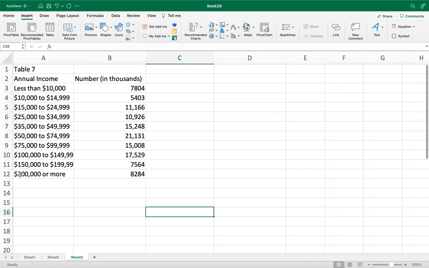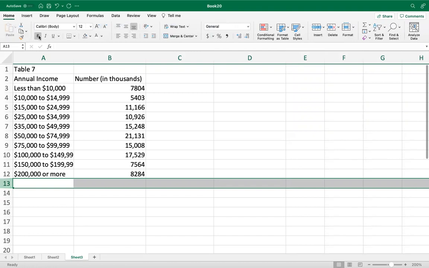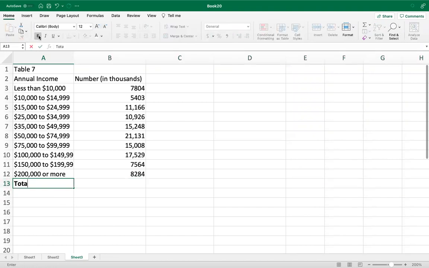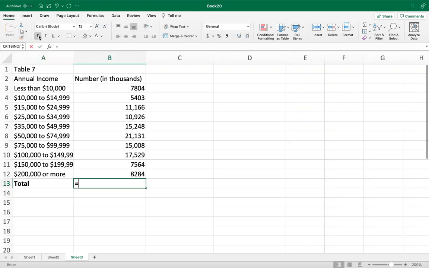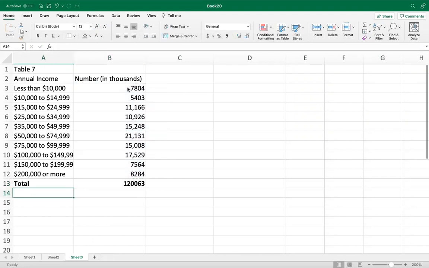So what we're looking at is 200,000 or more. Again, let's look at total. The total is going to be equal to the sum of this data set. Cool. So now we have our total, our sample space.